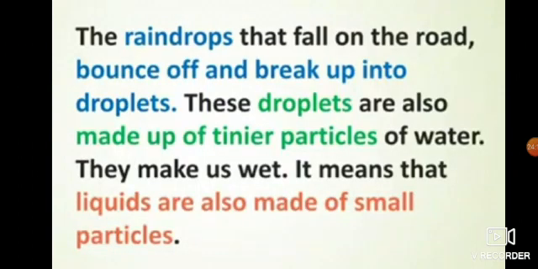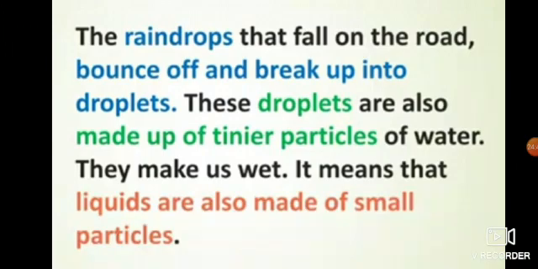Because the raindrops that fall on the road bounce off. How do you bounce a ball? In the same way, raindrops also bounce off and break up into droplets. So when it falls on the road, on the ground, what happens? It breaks into droplets.